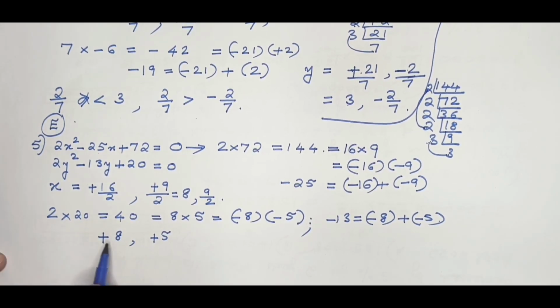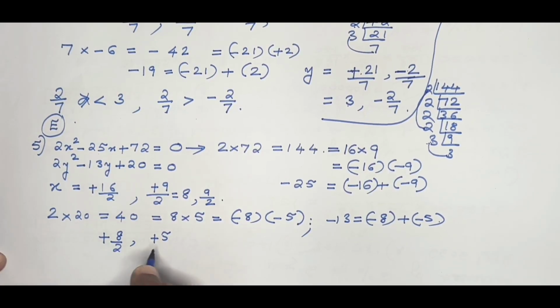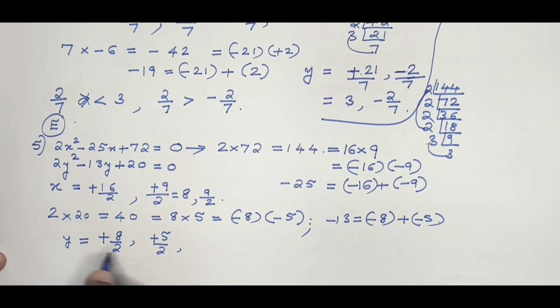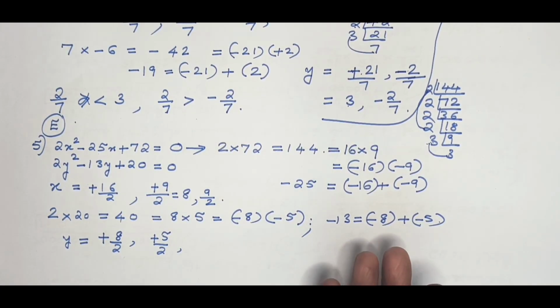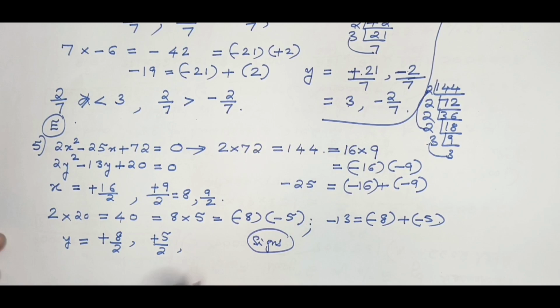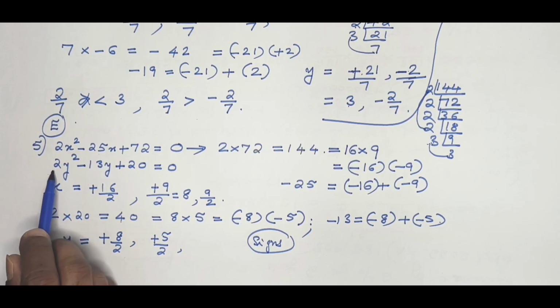And what is the last step? You divide each of them by the coefficient of y squared, which is 2. So these are the final solutions. So to summarize the whole thing, you will be writing the numbers you get by splitting it like this, then change the signs, plus into minus and minus into plus, then divide each of the numbers by the coefficient of the first term, that is the square term.